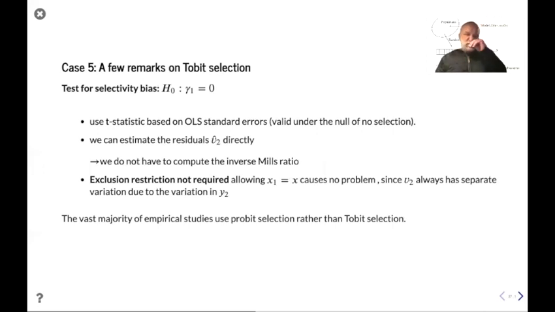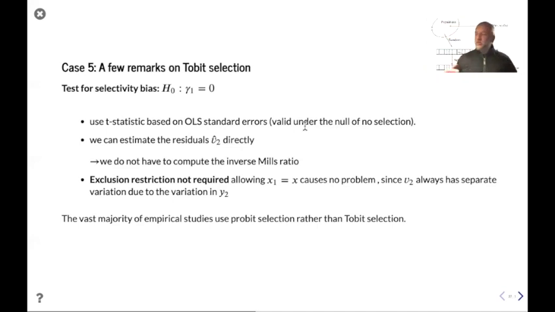A few remarks on the Tobit selection. We can again test for sample selectivity bias under the null that gamma is equal to 0. Just like I explained before in the context of the probit selection model, we can use the standard t statistics based on these OLS standard errors, because these are valid under the null of no selection.